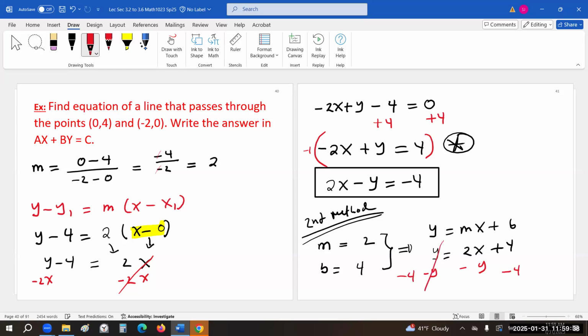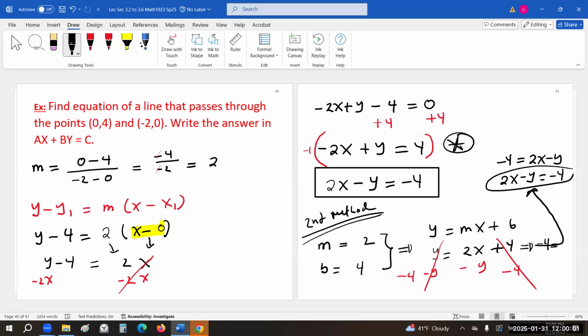So y from the left cancels out, 4 from the right cancels out. And we have -4 equals 2x minus y. In other words, it's the same as 2x minus y is -4. The exact same thing we have here.